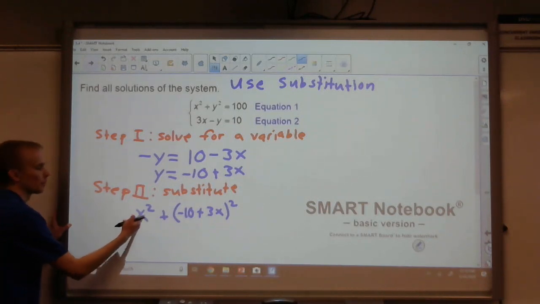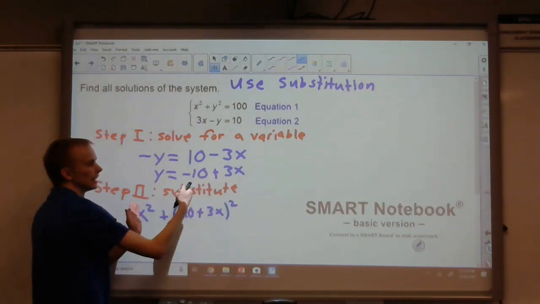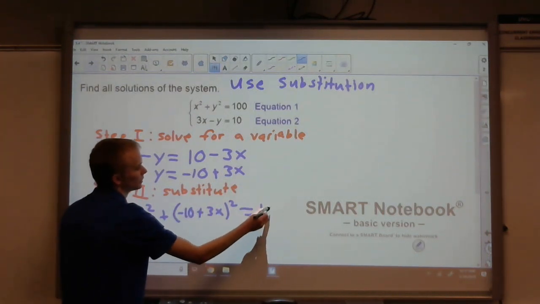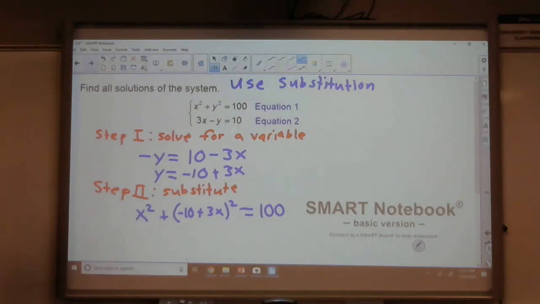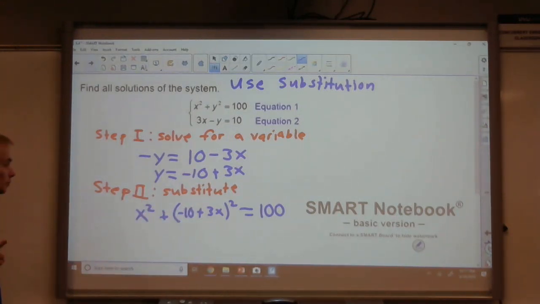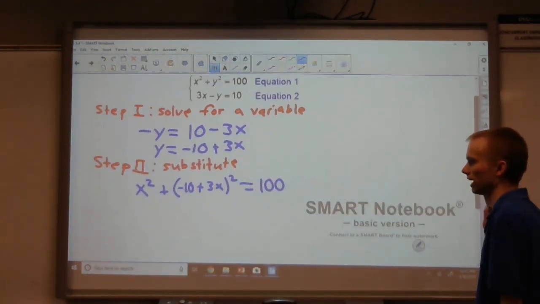So this is x squared plus y squared, right? But y is this, so I just plug that in for y, is equal to 100, okay? So now I have an equation with one variable, right?